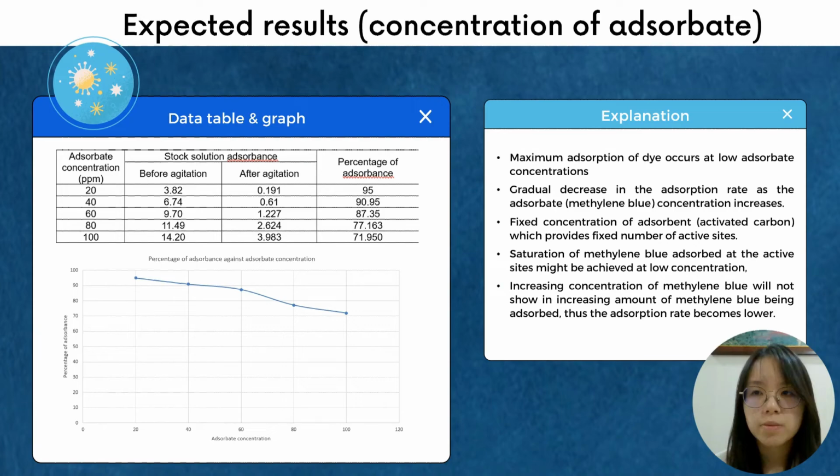As the saturation of methylene blue adsorbate might be achieved at low concentration, thus increasing concentration of methylene blue will not show an increasing amount of methylene blue being absorbed. Thus, the absorption rate becomes lower.